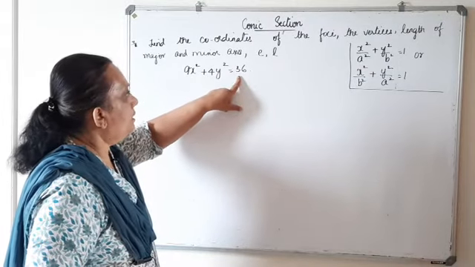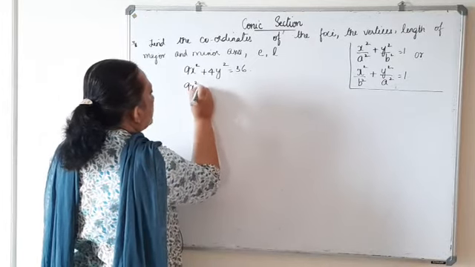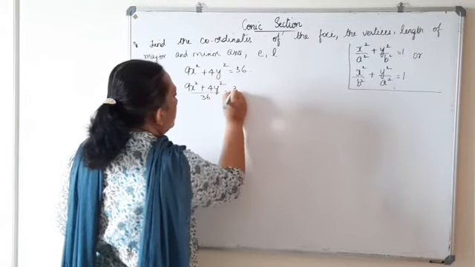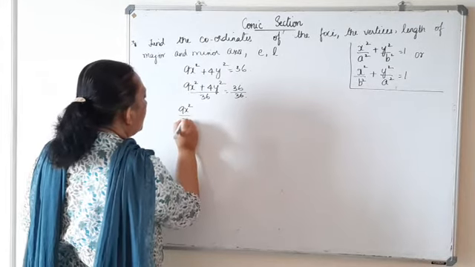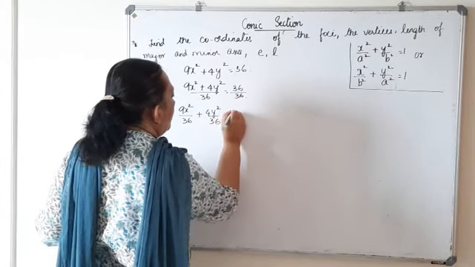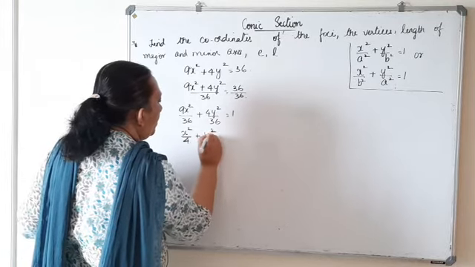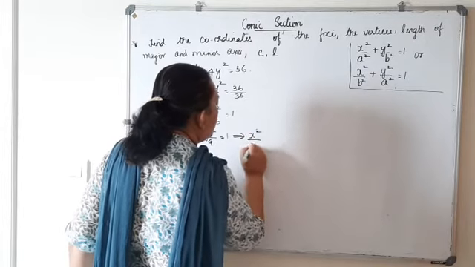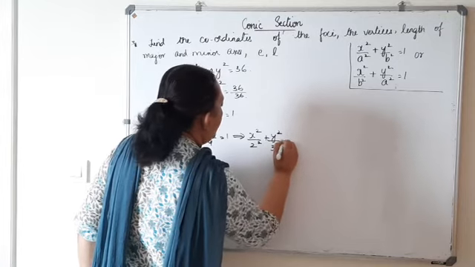So what you can do is divide both sides by 36. That gives you 9x squared plus 4y squared by 36 is equal to 36 by 36, or 9x squared by 36 plus 4y squared by 36 is equal to 1, or x squared by 4 plus y squared by 9 is equal to 1, which means x squared by 2 squared plus y squared by 3 squared is equal to 1.